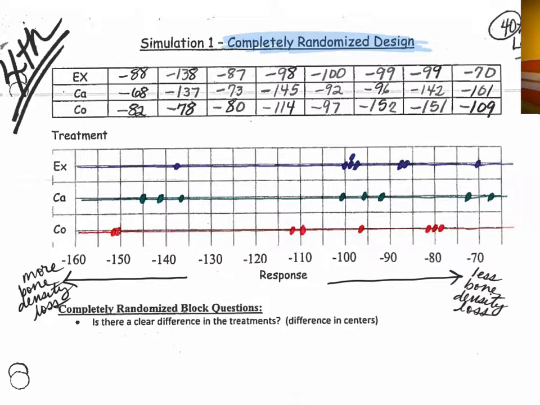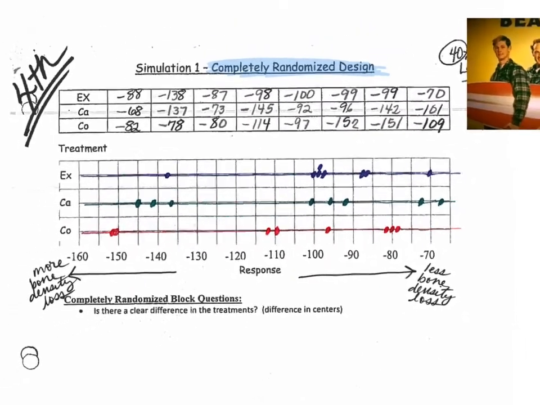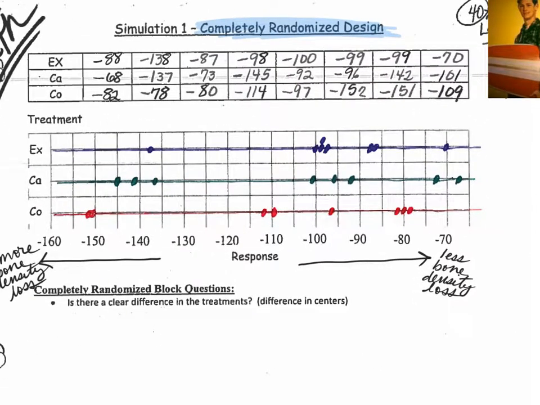Okay, so can you tell a clear difference in the results? A difference in where this is centrally located for the 3 different treatments? I agree. I don't think it's a huge difference, if it is one.